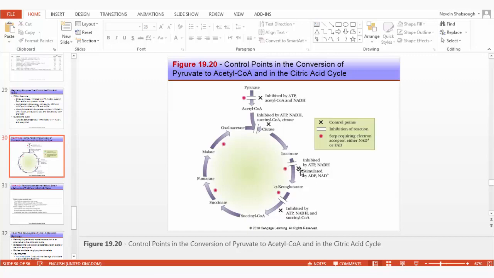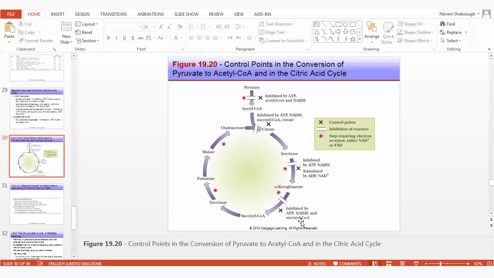Now the second regulatory site is isocitrate dehydrogenase. In this case, we see that the enzyme again is inhibited by ATP and NADH, but it is stimulated by ADP and NAD+, and these are allosteric activators of the enzyme.